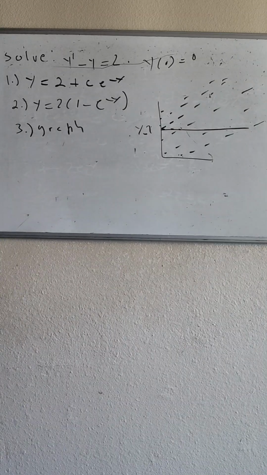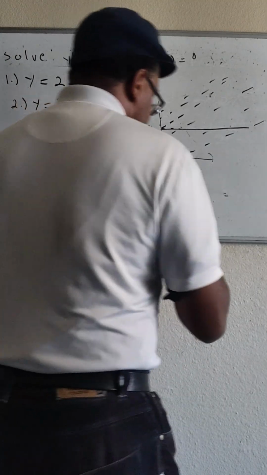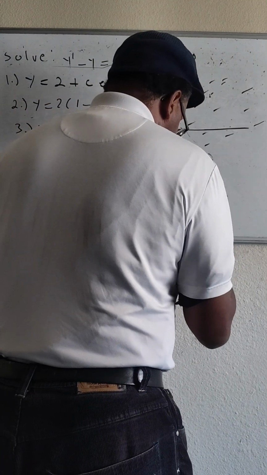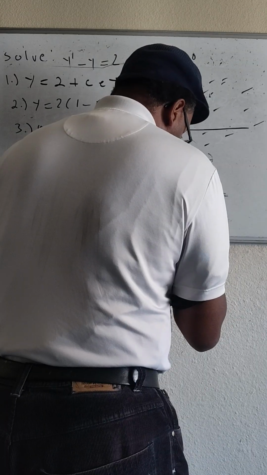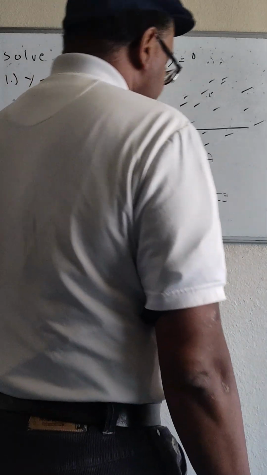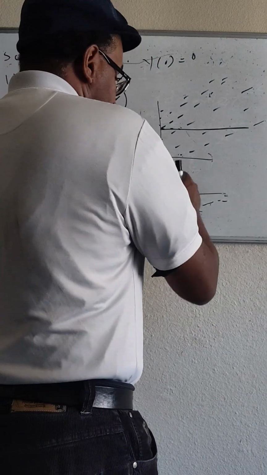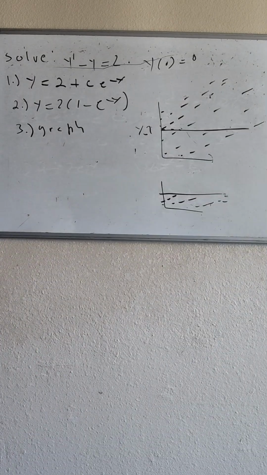So it's going to go this way, but like a straight line. And our solution, in this case, is bounded by this line. So that's our limiting factor. Okay?